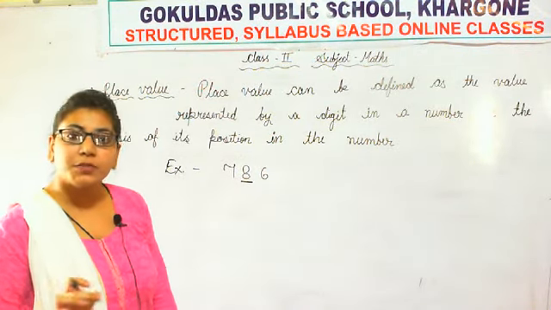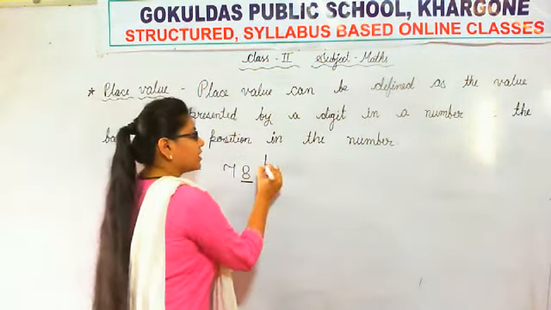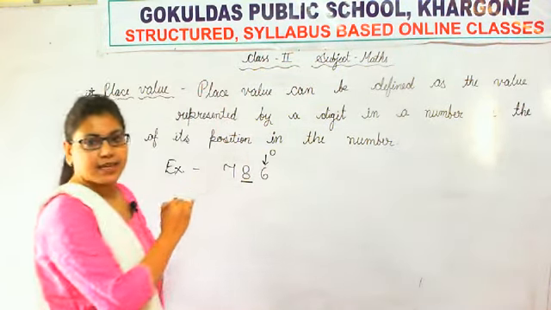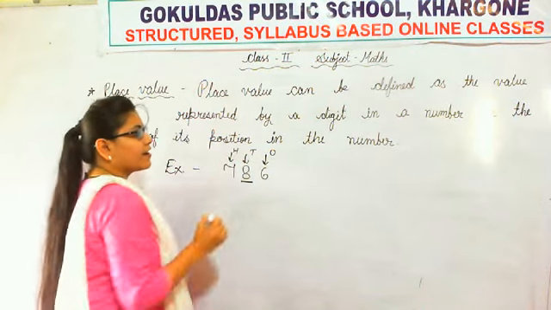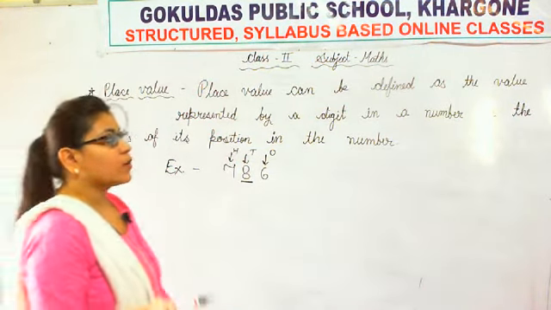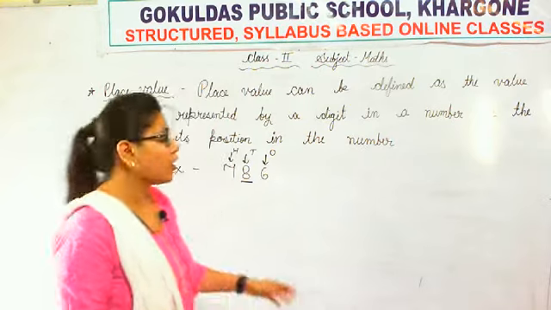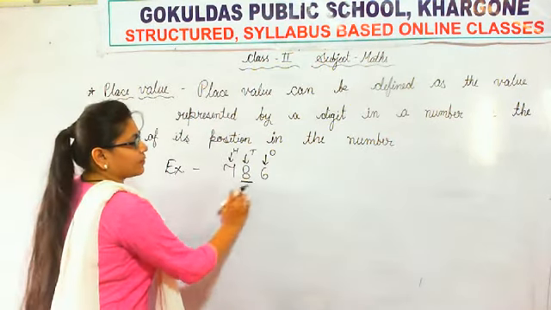On the basis of its position means, which position is this? Ones, this tens, and this hundreds. So, place value depends on the position.